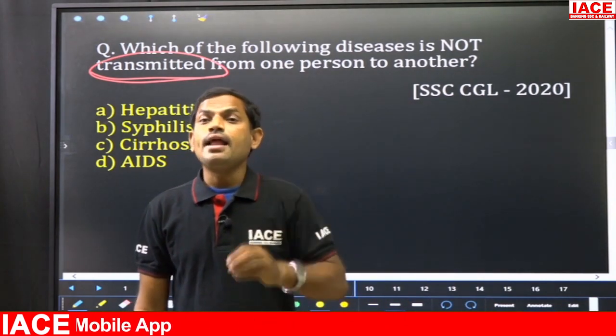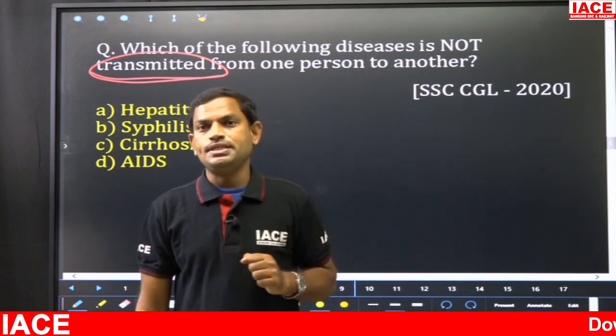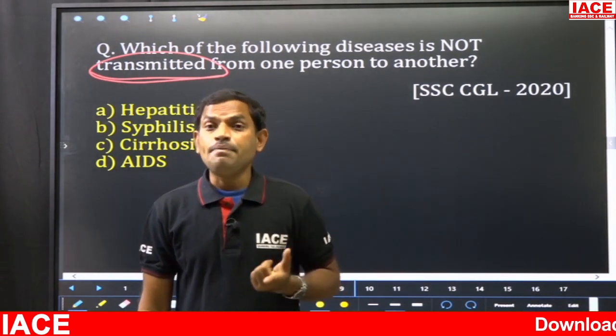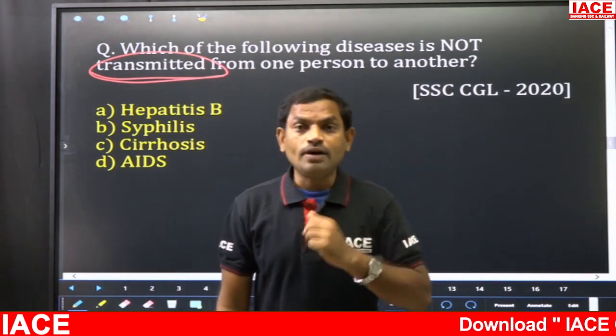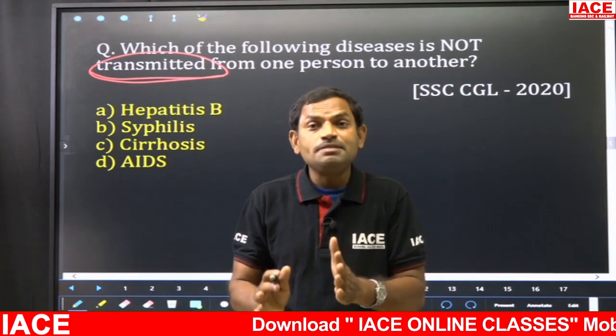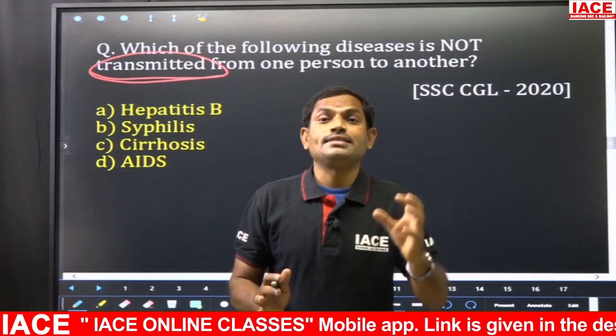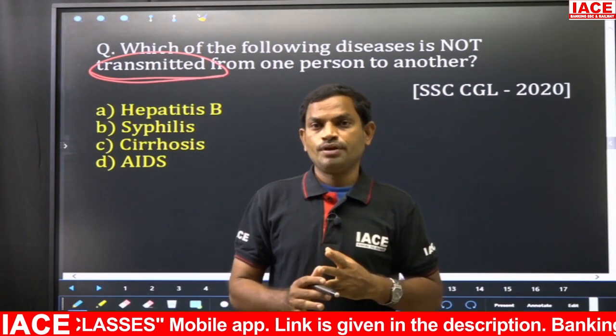Because of a particular microorganism, the disease is caused. That is called infectious disease. Then the second type of disease is the contagious disease. That means it will be transmitted from one person to another person. Those can be called communicable diseases also, right?